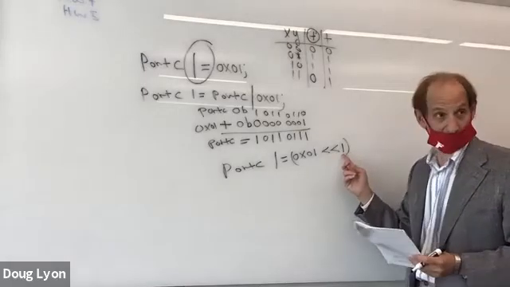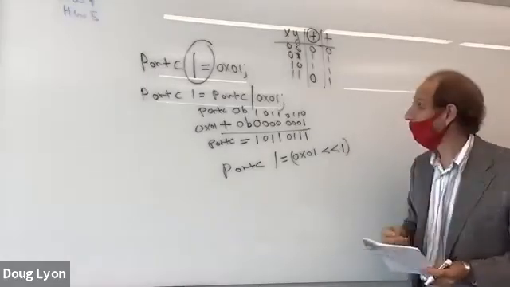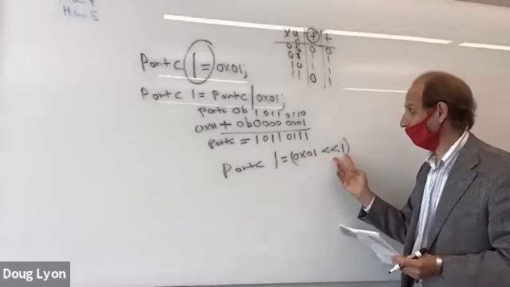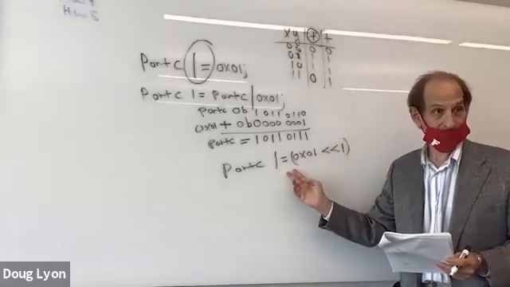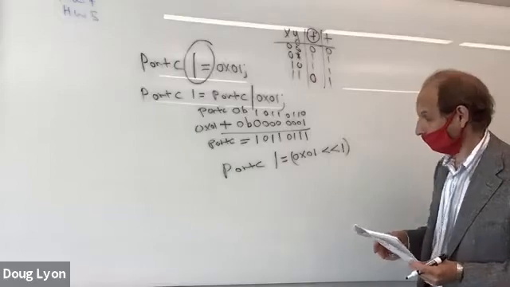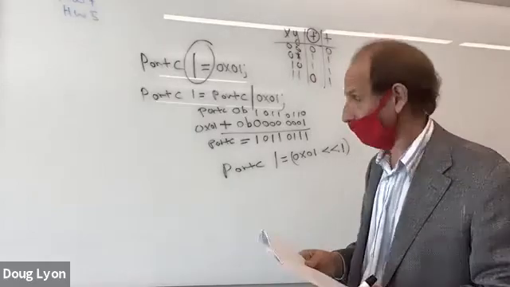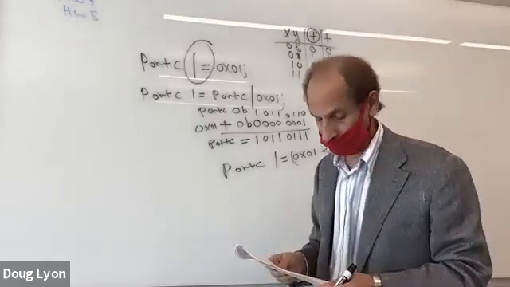You shift it over by 2 bits, you set bit 2. So this will allow you to set an arbitrary bit. That's what this does. And that is the answer to question 22.